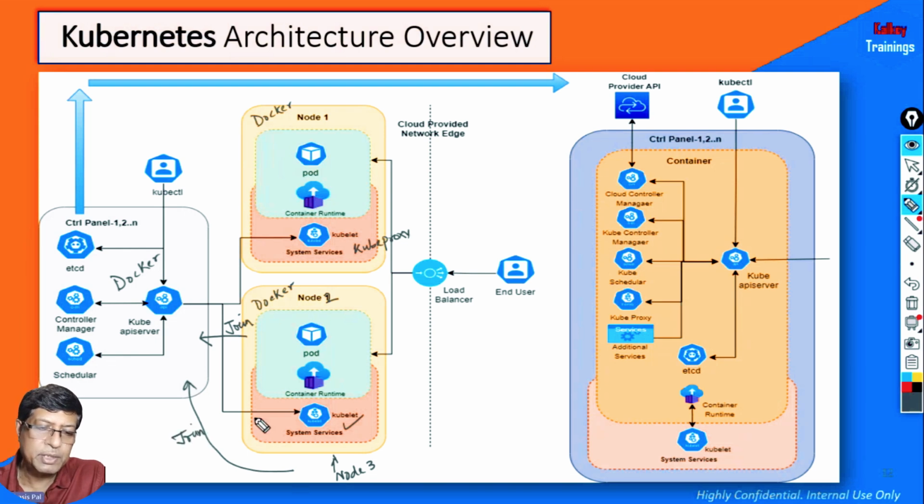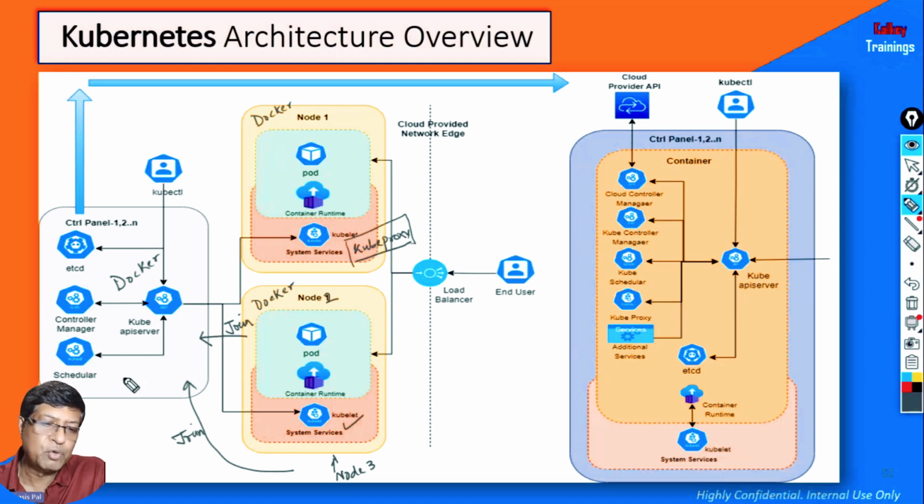Joining the cluster means making it able to talk to the master node. All of them should be joining. And in doing so, kube proxy is the main component which will help in getting this joined.